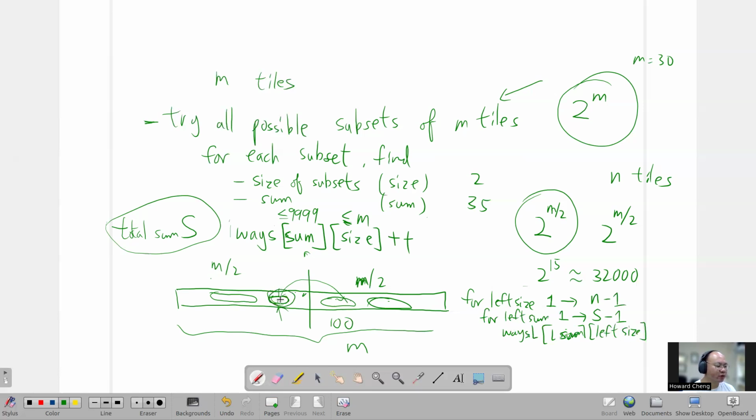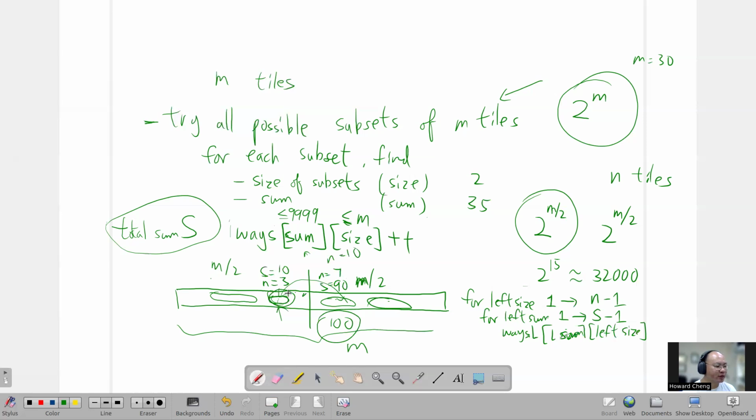The number of ways I can form, say, using the sum 10 and n equals 3. Well, if I'm looking for total size n equal to 10, then over here I'll be looking for n equals 7 and s equals 90, because I'm trying to make the sum 100.